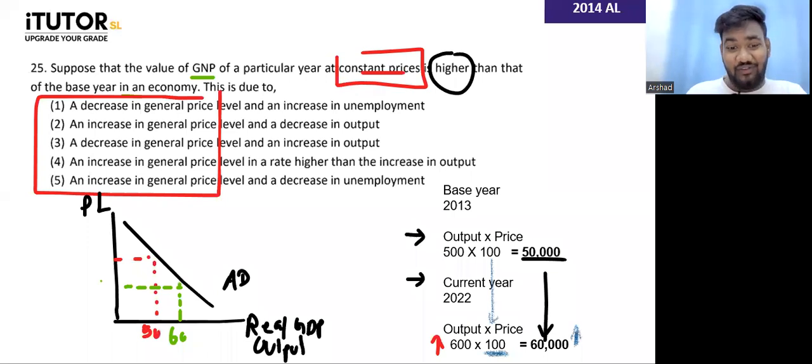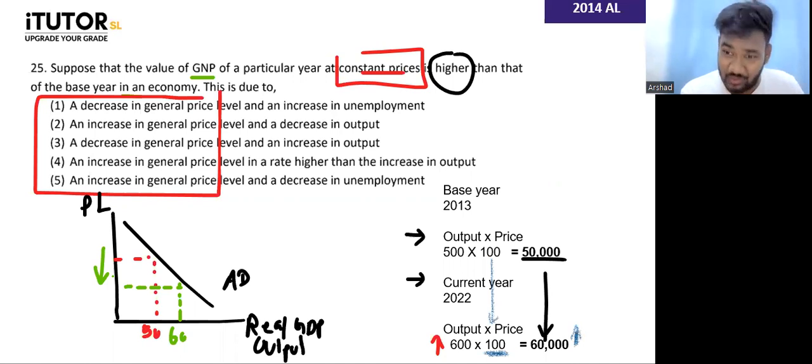Prices should have fallen down. Now this MCQ, guys, is a little bit tricky. Usually these kinds of MCQs are given so that the student doesn't get 50 out of 50. Every year, 1 or 2 questions in your paper become tricky like this. This is something where you have to think out of the box. Someone will argue, sir, when it's constant prices, I also agree.